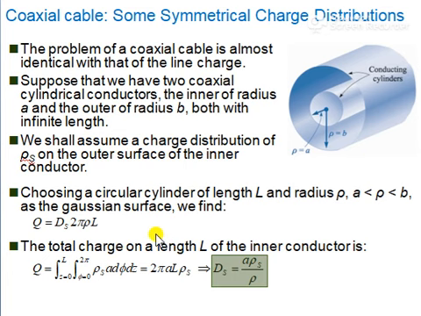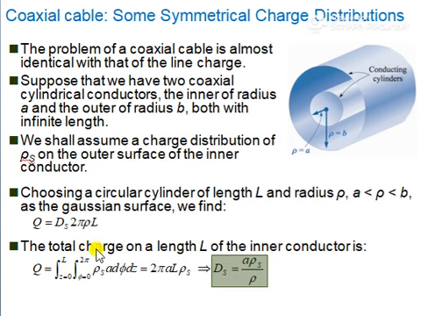Now choosing a right circular cylinder of length L and radius rho, where rho is greater than A and less than B, as the Gaussian surface, we find Q is equal to D rho times 2 pi rho L.